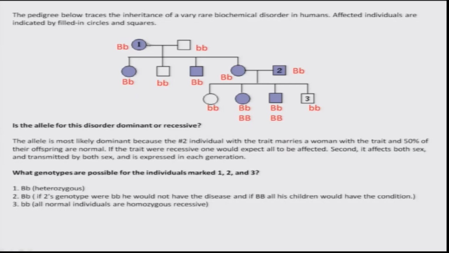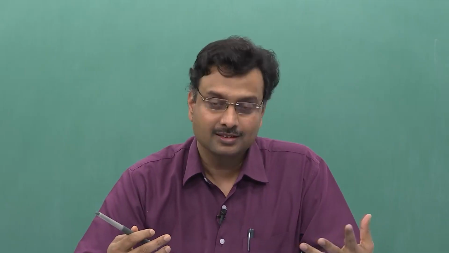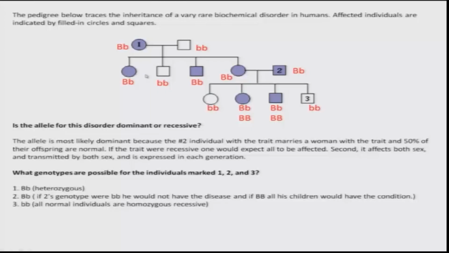This individual must be having the defective allele resulting in the phenotype. Now for her to show the phenotype, even one copy of the bad allele is good enough, but she would also show the same symptoms if she is homozygous for the dominant allele. So how do we know whether she is homozygous or heterozygous for the dominant allele? The answer is you can look into the next generation.